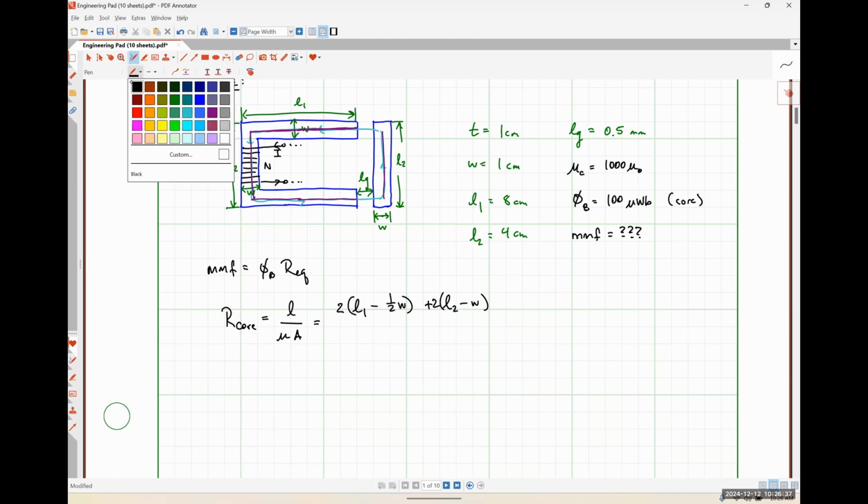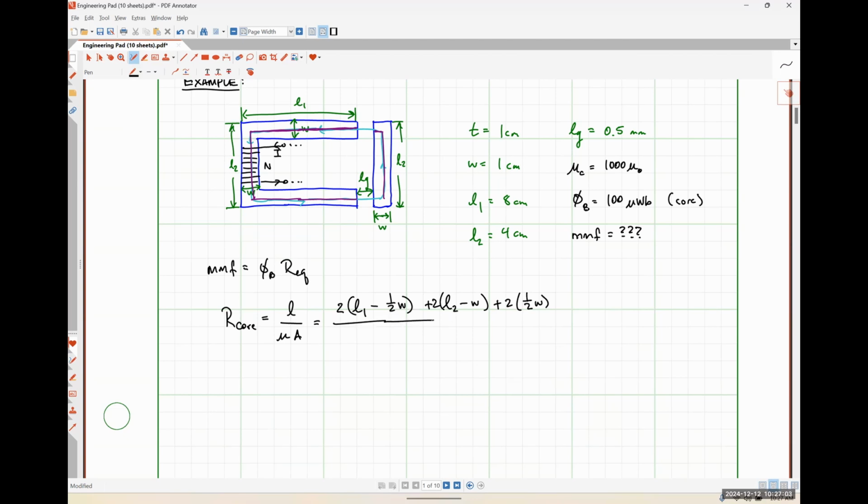Now we've got to take into account that little piece. What is that? That's just half a W, and then we're going to twice that. So plus 2 half W, and then we'll pretty this up in a moment.